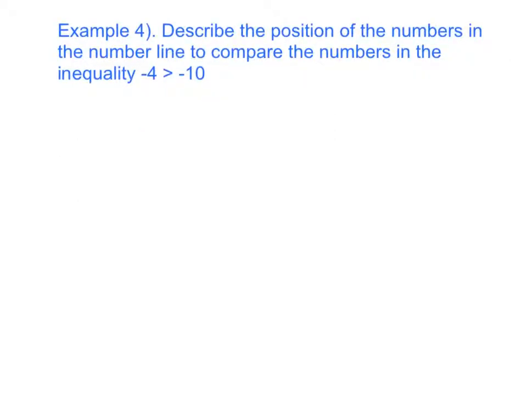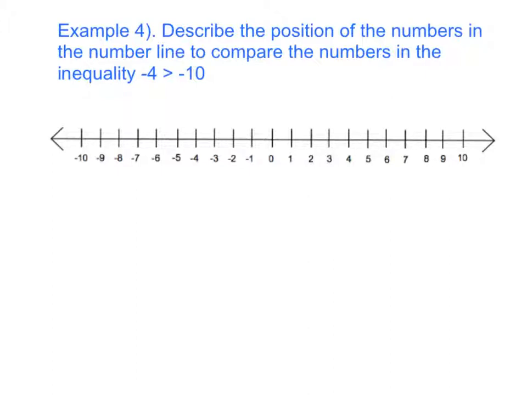Okay, this is our last example here. It says, describe the position of the numbers in the number line to compare the numbers in the inequality -4 is greater than -10. So when we compare these numbers in the inequality, -4 being greater than -10, we have to describe their position on the number line.